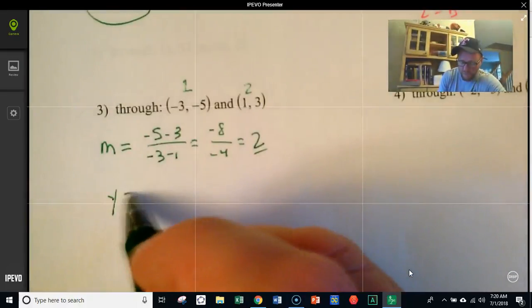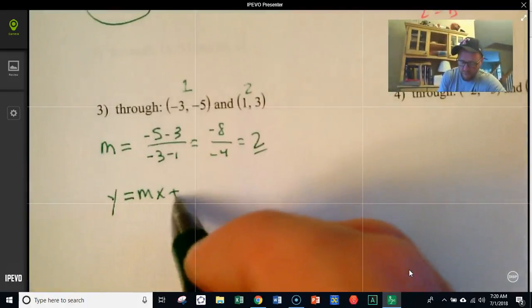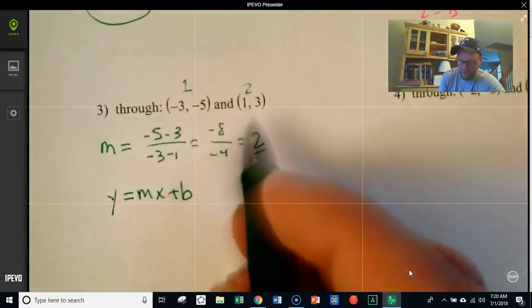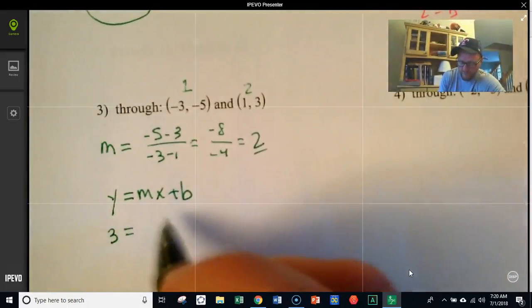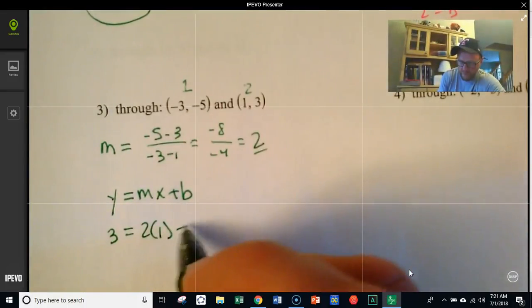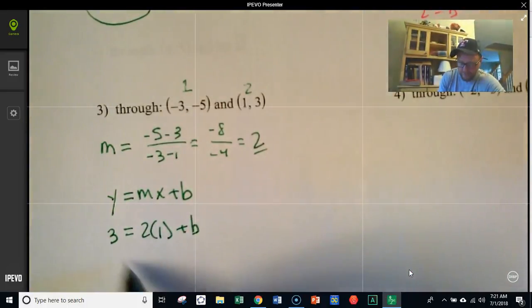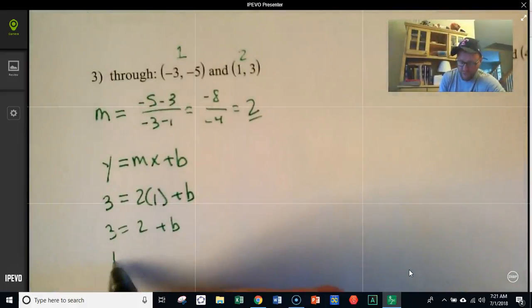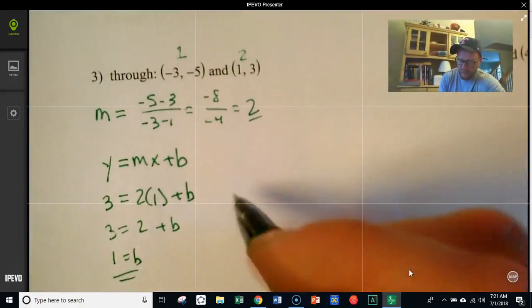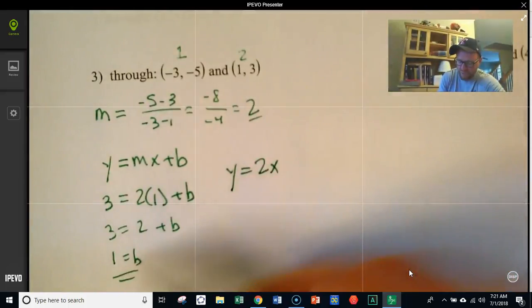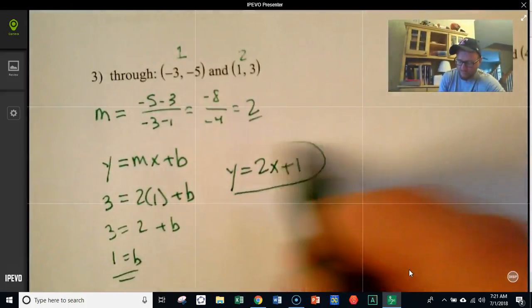We've got y equals mx plus b. I'll pick this point over here. So y is 3, m is 2, x is 1, plus b. So that's 3 equals 2 plus b. I'll subtract 2 from each side. 1 equals b. So our equation is y equals 2x plus 1.